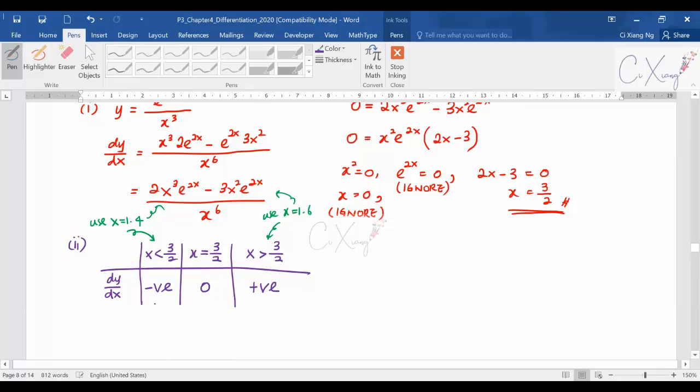Dy dx negative means your tangent has a negative gradient, so the tangent will look something like this. Zero means your tangent is a horizontal line. Positive gradient means the tangent will look something like this. When you join them together, you will see a minimum point here, and therefore you can say that it is a minimum point.